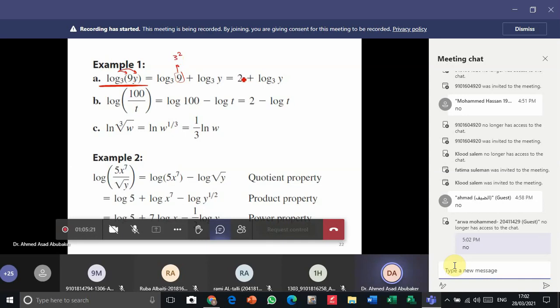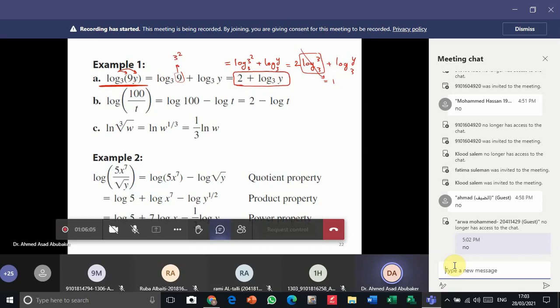So we have log of 3 squared to base 3 plus log of y to base 3. This is equal to, we can put the 2 outside the logarithm like this. So we have 2 log 3 to base 3 plus log y to base 3. This one, log 3 to base 3, equals 1. So we have to multiply 1 by 2, and plus log y to base 3, like this.